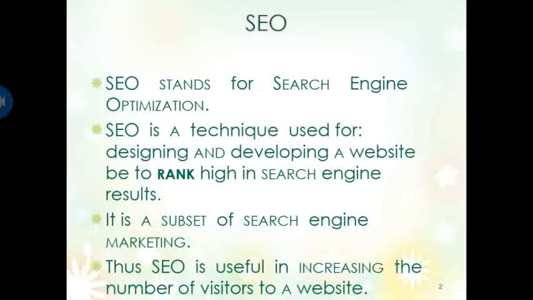It is a technique which is used for designing and developing a website to be ranked high in the search engine. The main aim is to be ranked high in the search engine results. So it is basically a technique of marketing. Therefore, search engine optimization is very useful in increasing the number of visitors to a website.